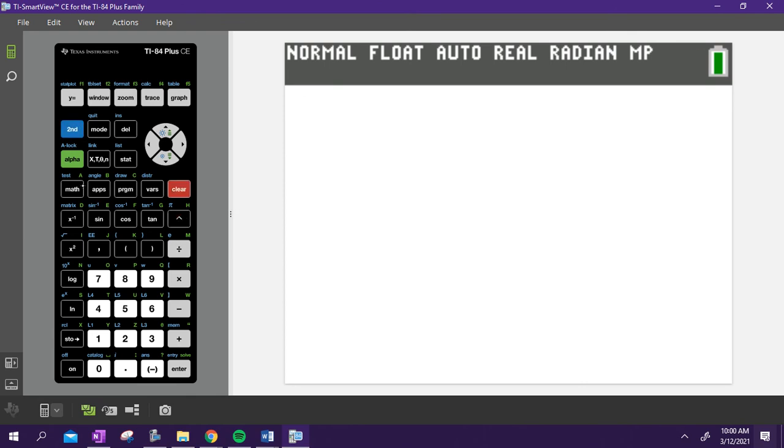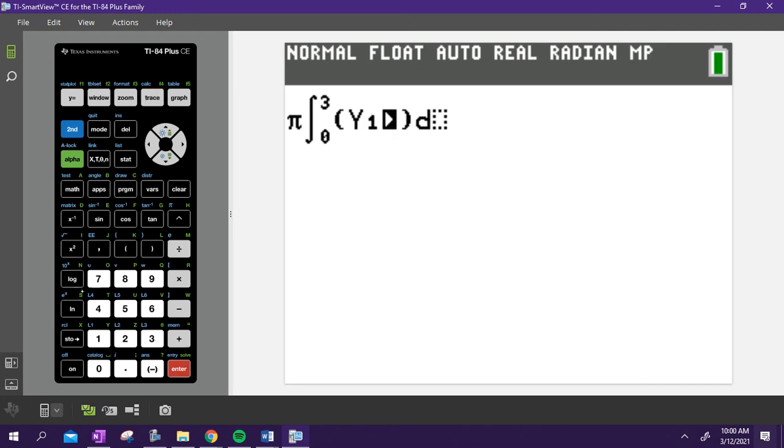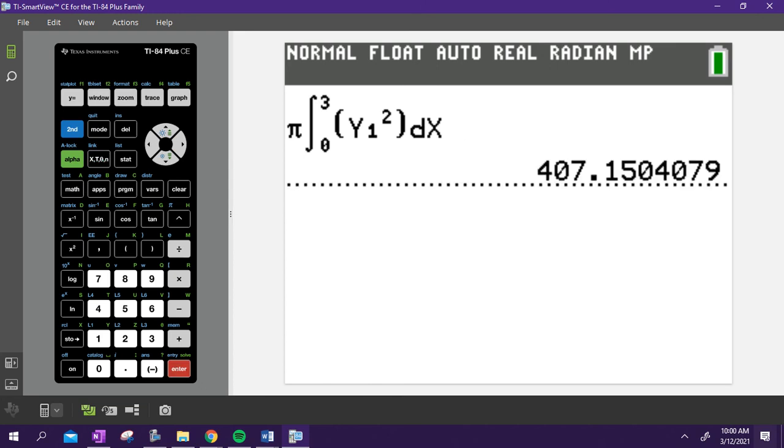Well, I don't have to factor out the pi, I guess, but we will. I'll factor that pi out in front. Math 9. I'm integrating from 0 until 3. And then it's just pi r, and my r is really easy now. All I got to do is y1 squared dx. 407.150. It's way easier if you type it in as y1. You don't have to, but it's going to be a lot easier. You're not going to make the same parenthesis mistakes that other students will.